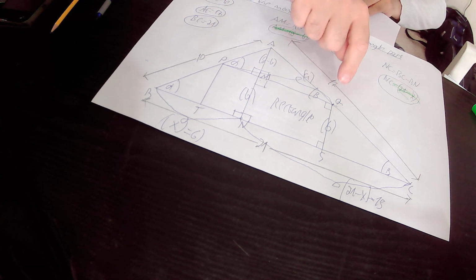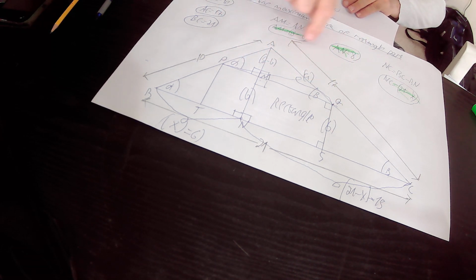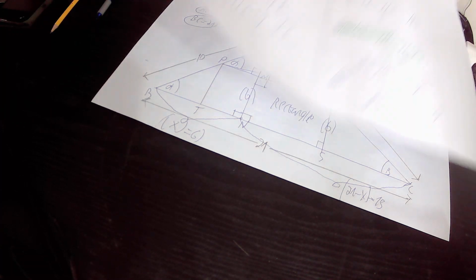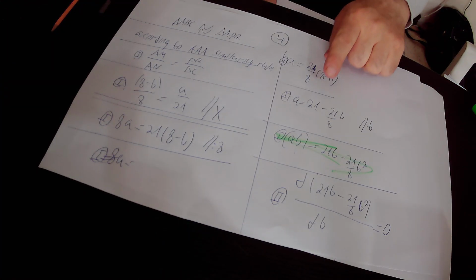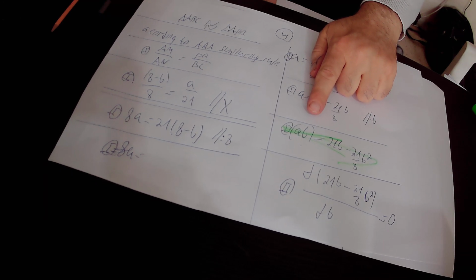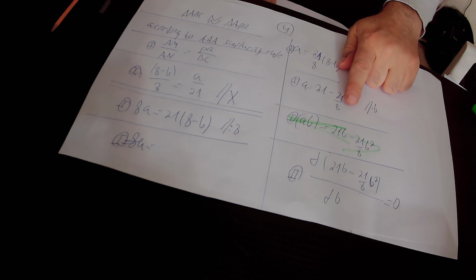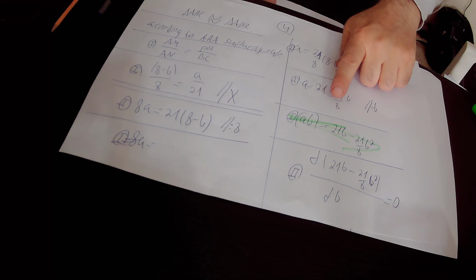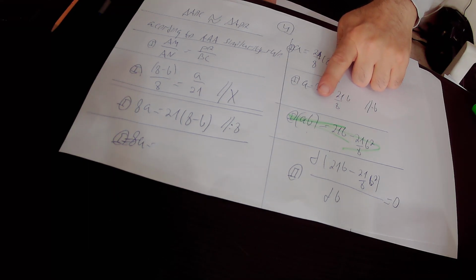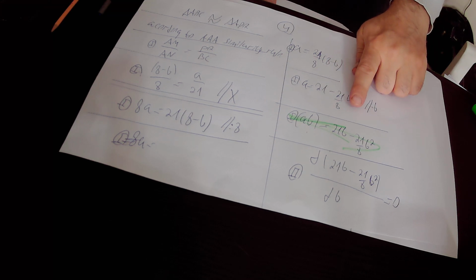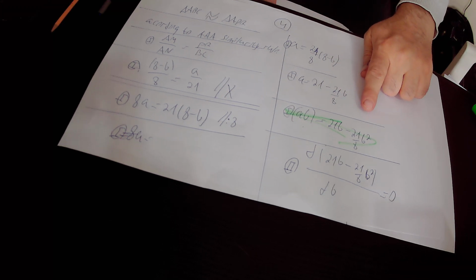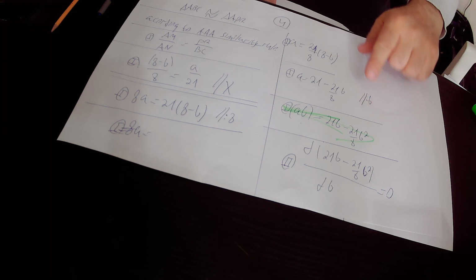And the length times the width equals the area of this rectangle PQST. Therefore, A times B is the area of rectangle PQST, and according to equation 1, the area, A times B, equals 21 times B minus 21 over 8 times B squared.